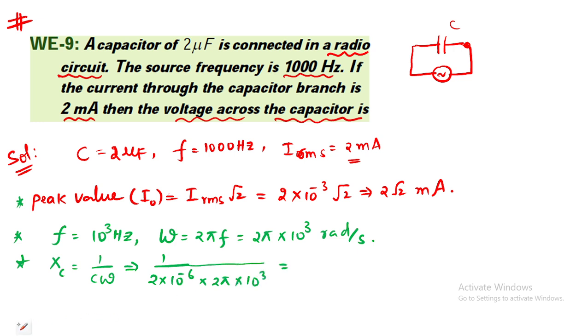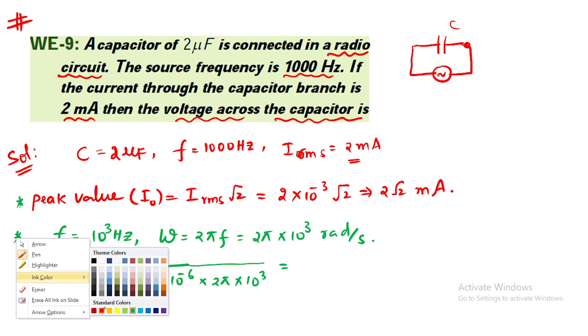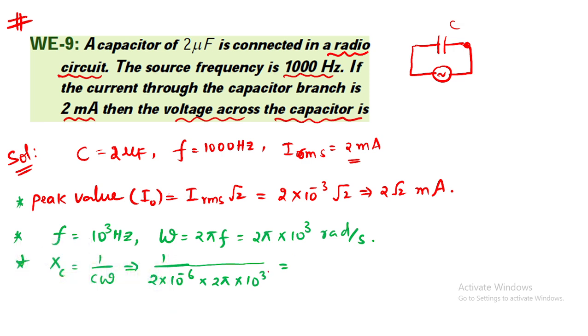So 10 power 3, one time I can cancel, here 10 power minus 3 will be left. 2 into 2 is 4, and this 10 power 3 will go upside, which will be 1000. So 1000 divided by 4 pi, which is in ohms. Clear?